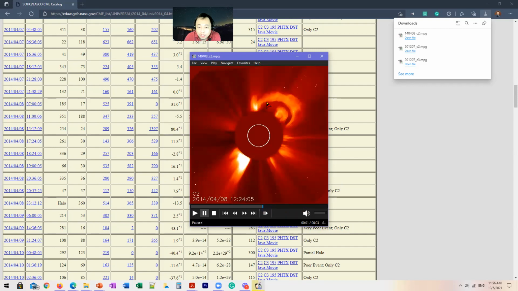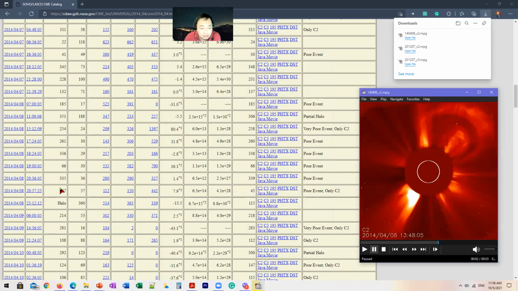So this is what I was saying earlier, the dark area as the CME expands. Okay, so now what you can see here within April 8th, 13. So this is a halo CME.